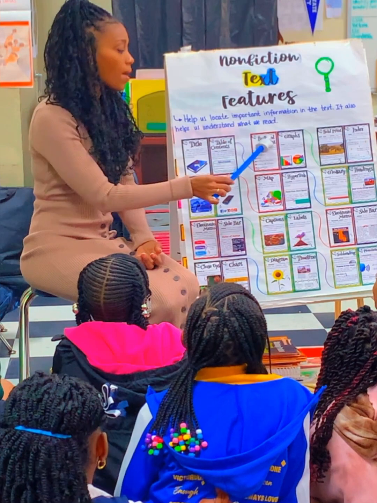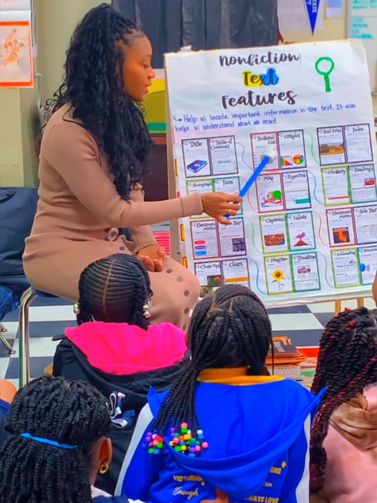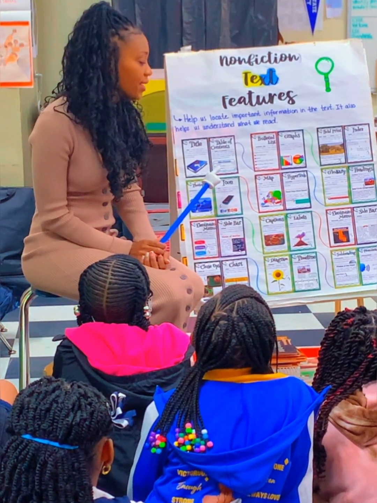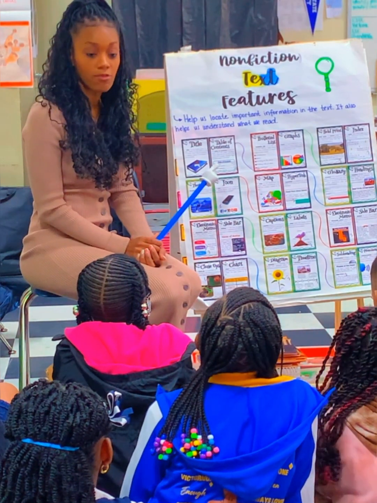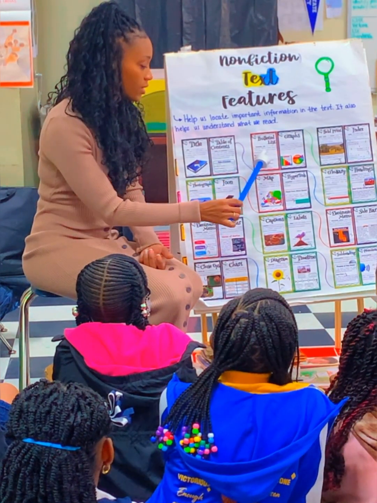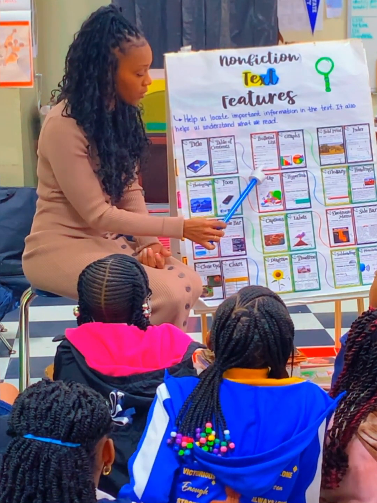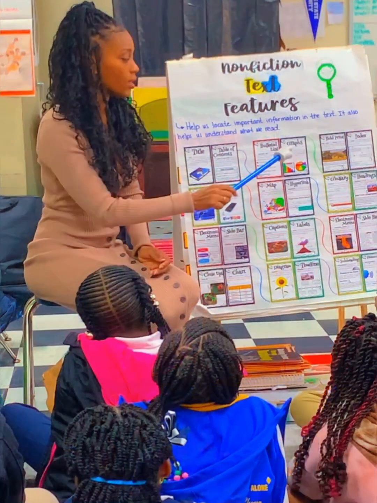All right? Bulleted list. We've seen these before. A bulleted list is a list of important facts or ideas related to the topic of the text. It helps to organize information. If you see it here, this is a bulleted list, and this is the information that the author wanted you to see. Got it? Good.